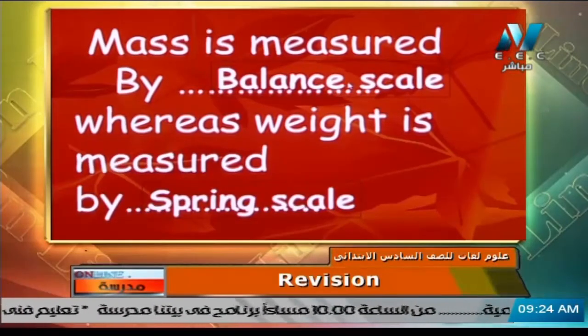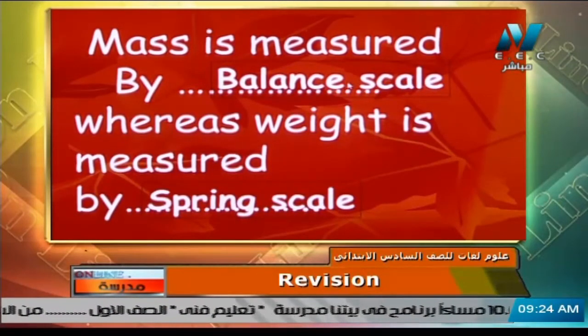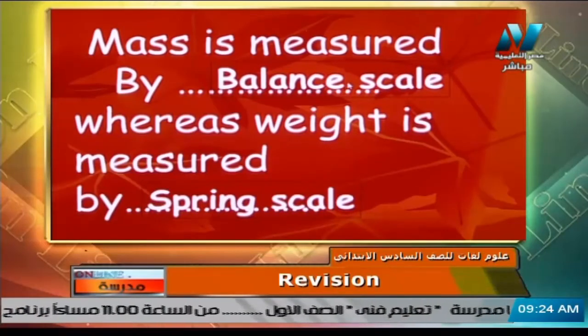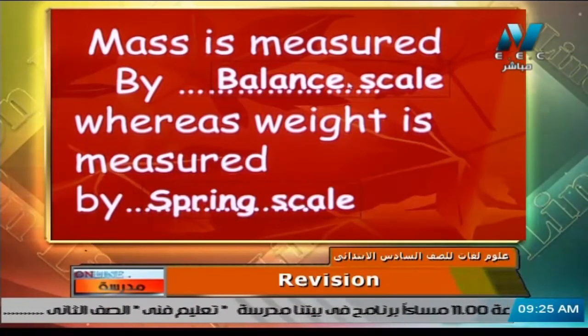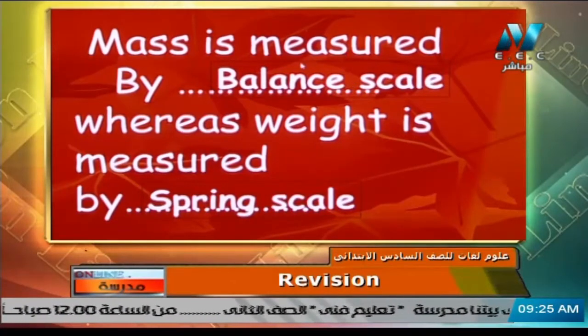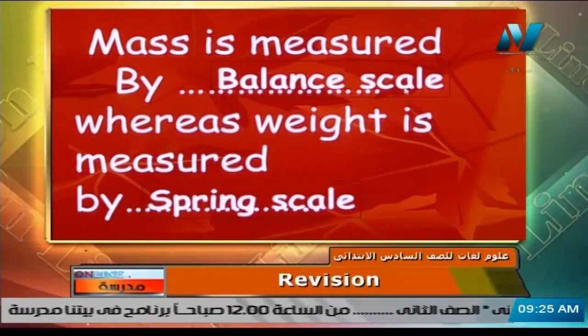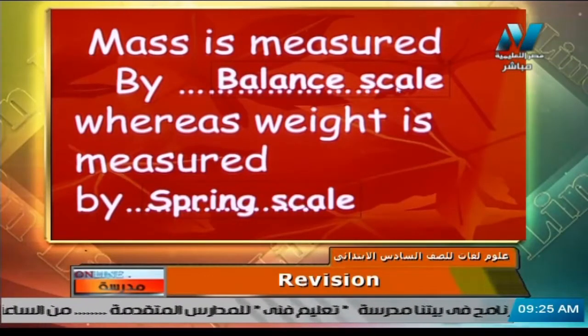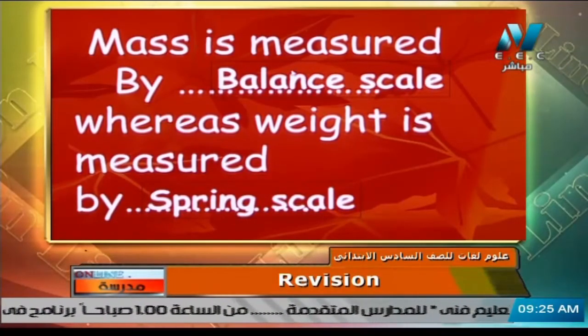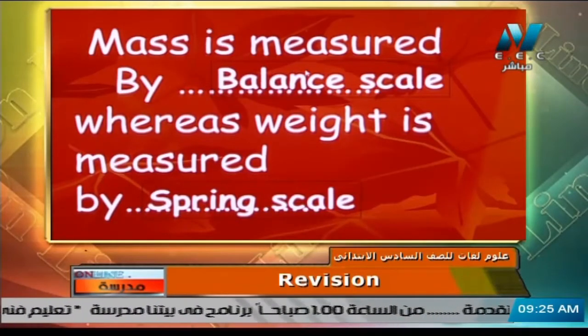So mass is measured by balance scale whereas weight is measured by spring scale. Weight is measured by spring scale, the only scale for weight. But for mass I can say more than one scale: balance scale, common scale, digital scale or digital balance, one arm scale with a pointer. Any scale that you have studied is right.